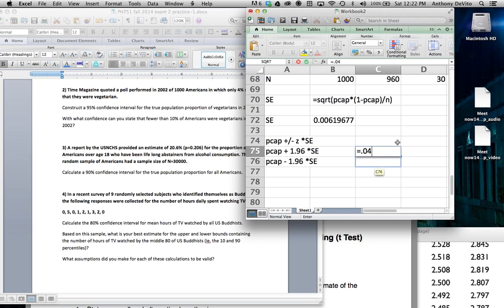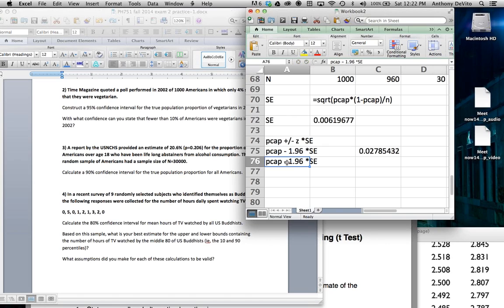Okay, 0.04. I'm going to do minus first, times 1.96 times my standard error, which I calculated here. That's going to be 0.027. Excuse me, let me go in there and just change that.